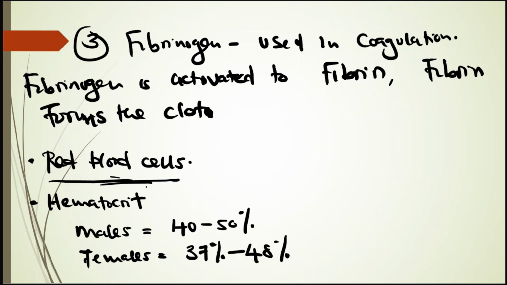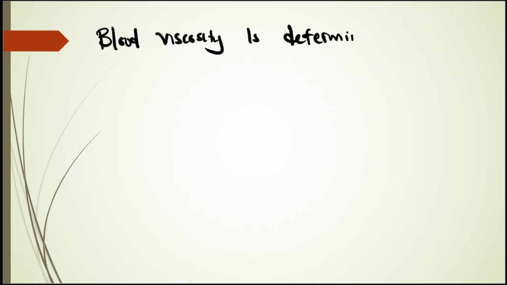Now, you notice that hematocrit is what determines blood viscosity. So blood viscosity is determined by hematocrit. Determined by hematocrit, meaning the amount of red blood cells in the blood.